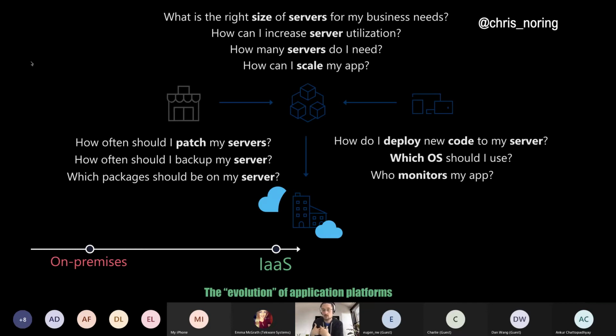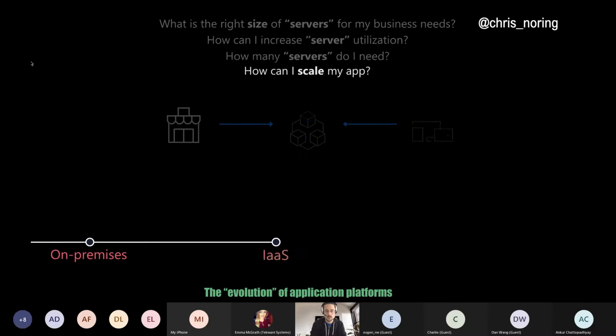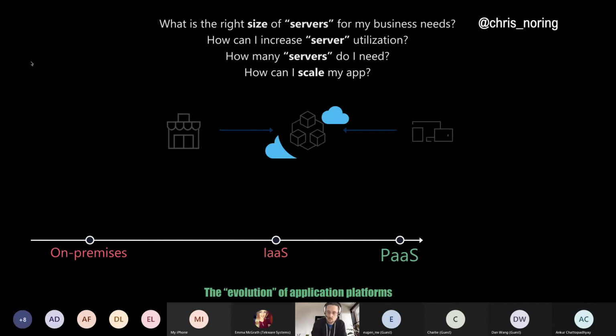Now, some of you folks are going to enjoy having that level of control, but if you want to move past that to a point where you don't actually want to care about this anymore, I move on to something called PaaS, and this is called Platform as a Service. So Platform as a Service is almost there in our evolution. Platform as a Service means that the cloud handles everything for you.